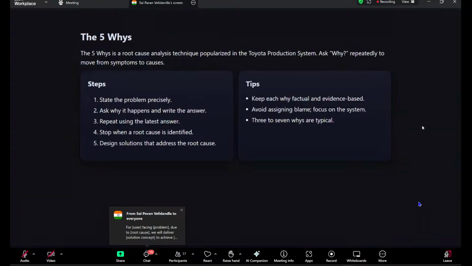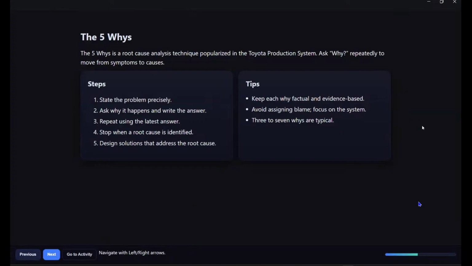So, now let us talk about the 5 Whys framework. It is a root cause analysis technique where we ask why repeatedly to move from symptoms to causes, or from problems to root causes.